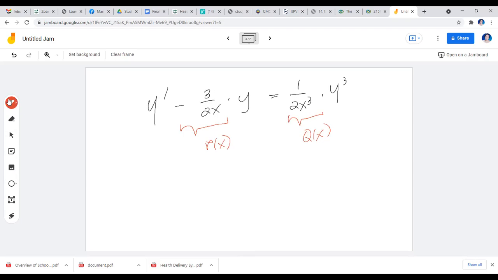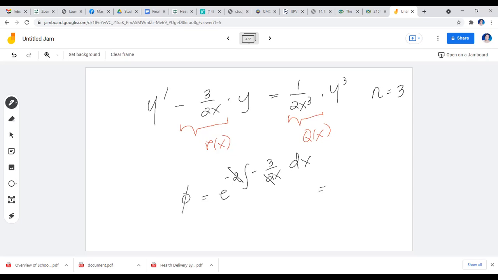So if we will determine the integrating factor for a Bernoulli equation, that is equal to e raised to. By the way, your n here is equal to 3. So that would be the integral of 1 minus 3. So that would be negative 2. And this should be your p of x, minus 3 over 2x dx. So I get to cancel the 2's, leaving me with a 3 over x.